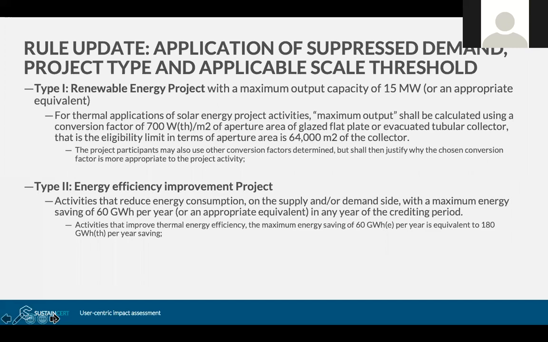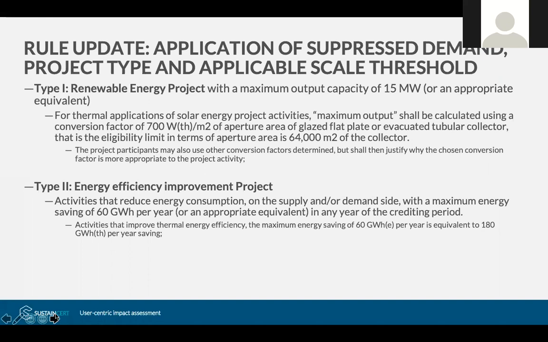So for project activities which involve thermal energy applications from solar energy project activities, the maximum output is also specifically defined in the rule update, which is 700 watts per meter square of aperture area of the equipment.